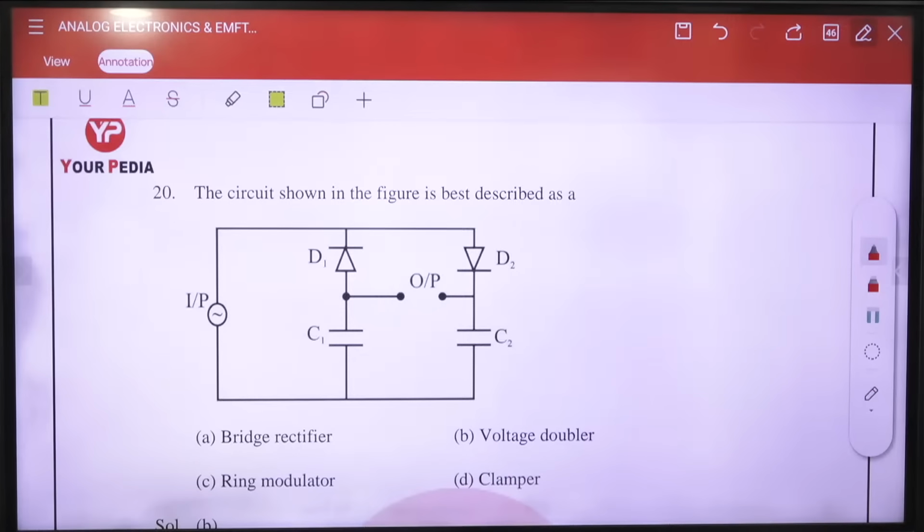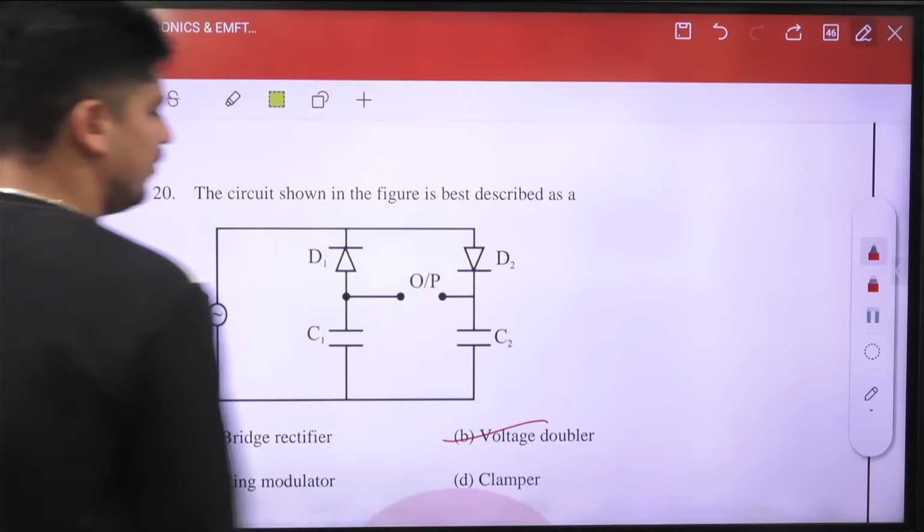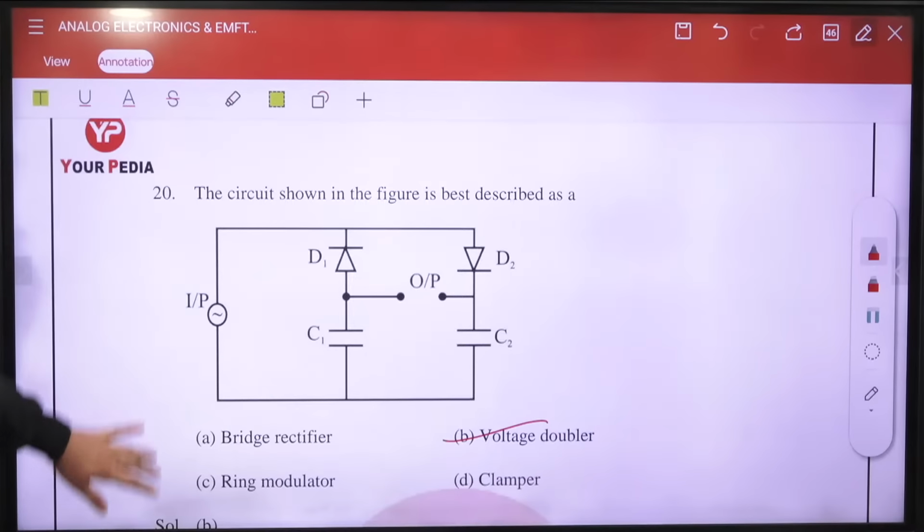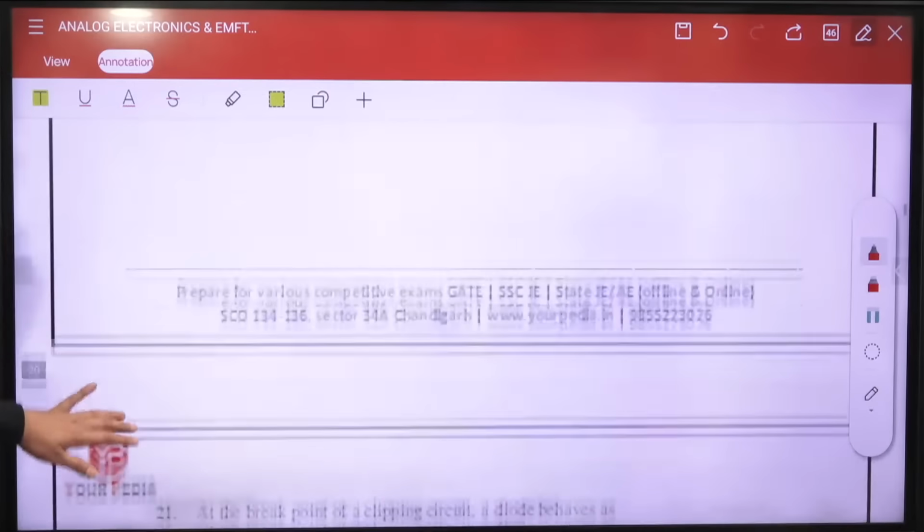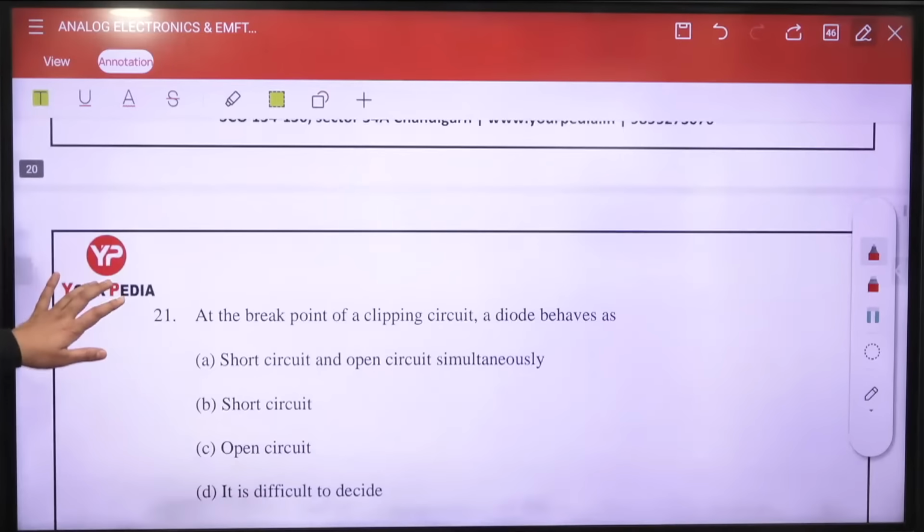Yes, this is the circuit of a voltage doubler. So the answer is voltage doubler.